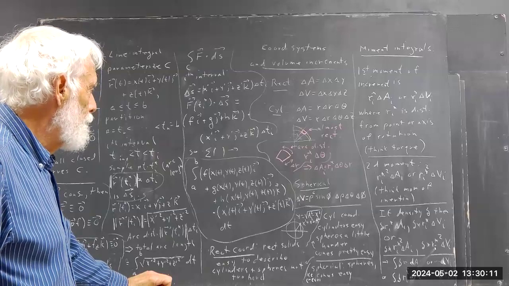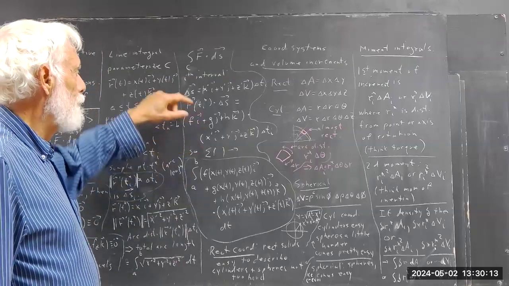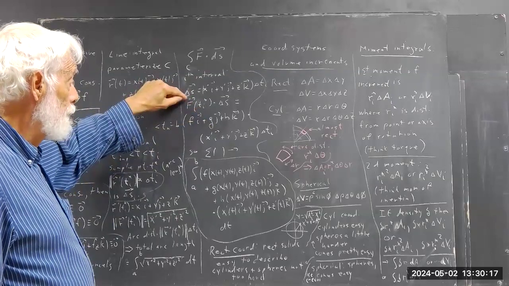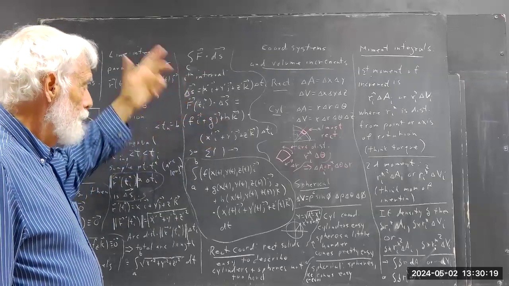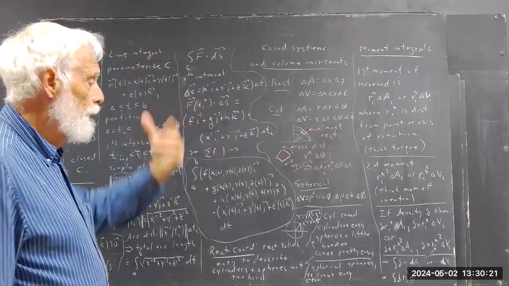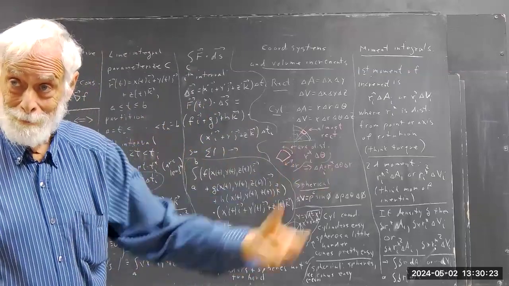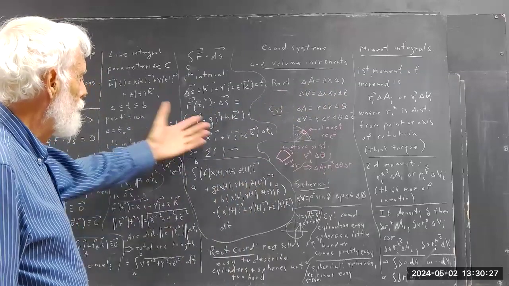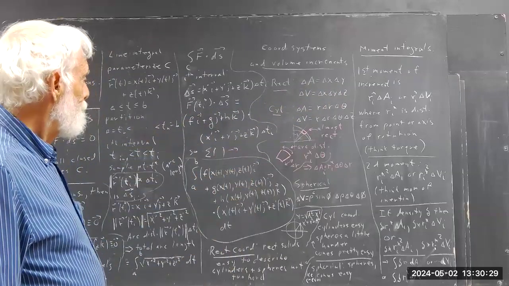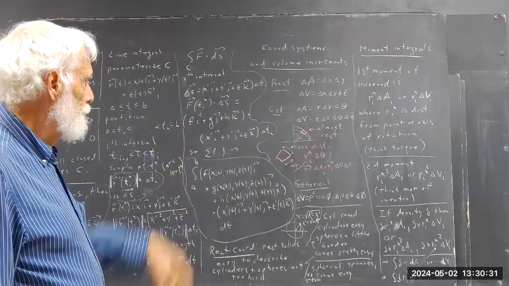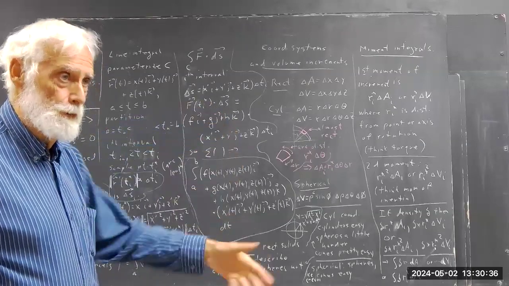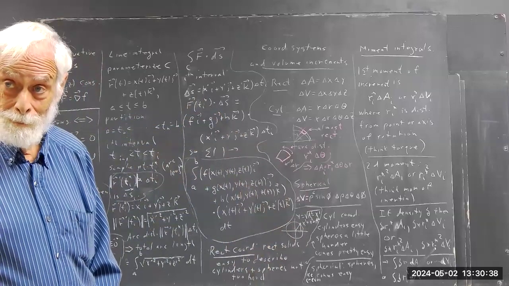Now, f is your i component of your vector function, g is your j component, h is your k component, and f, g, and h are all functions of x, y, and z. They're functions of position in space. So if we write it out in all its glory, this f i plus g j plus h k would be f of x of t, y of t, z of t, because you're parameterizing in terms of t.